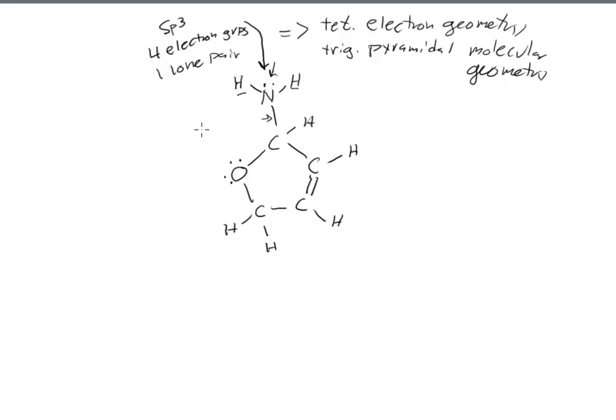How about if we look at this carbon here? Hopefully you see 4 electron groups, and you should count 0 lone pairs. And that leads us to tetrahedral electronic and molecular geometry, so we'll just write molecular geometry.